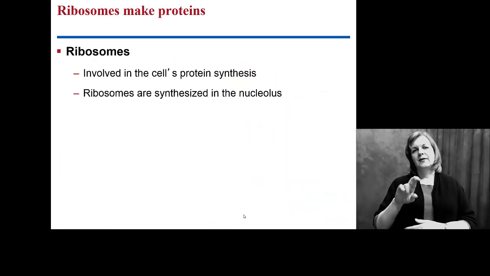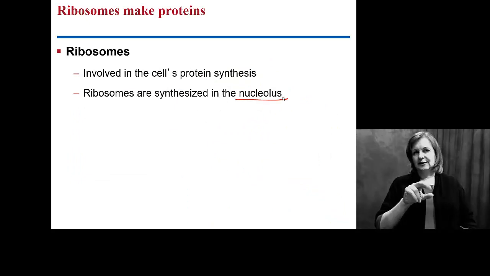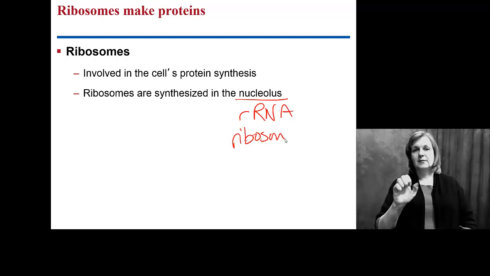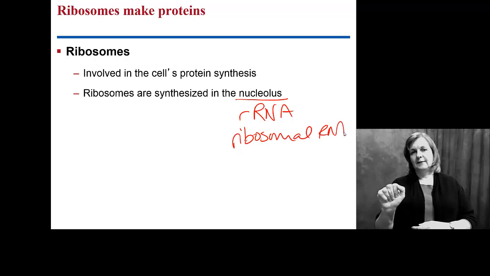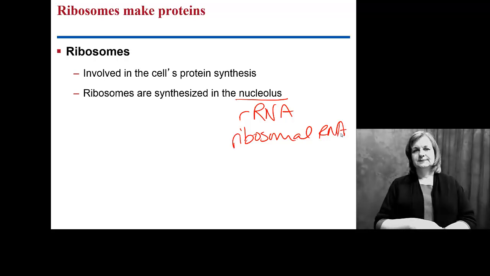So these ribosomes are made in the nucleolus. They're made of something known as rRNA, so it's ribosomal RNA. And they're made inside that nucleolus, inside the cell, inside the nucleus.